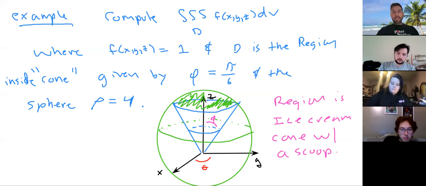Another way to think about that is if I take my cone and slice it with a plane that's parallel to the XY plane, what are my cross sections? They are all circles. So in order to create a whole circle, I have to let theta range from 0 to 2 pi. If you compare this to the example we did last class, remember we took half of that rod, and so we only let theta range from 0 to pi. So now we're going all the way around.